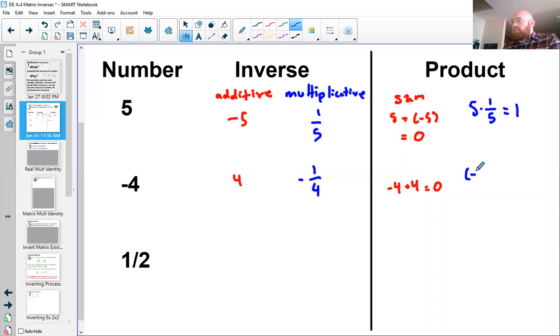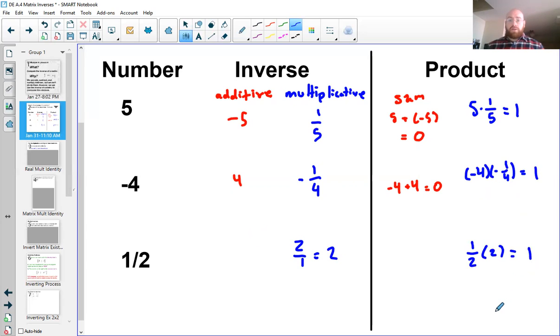And when we multiply -4 times -1/4, we get +1. The multiplicative inverse of 1/2 is 2/1, or just 2. And 1/2 times 2 is also equal to 1. So whenever we multiply a number by its multiplicative inverse, we get the multiplicative identity, which is 1.